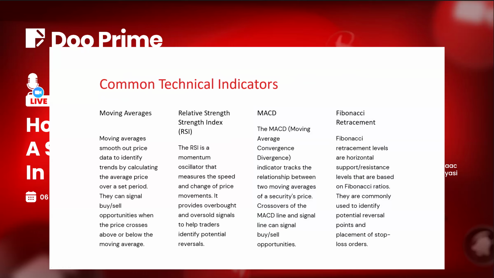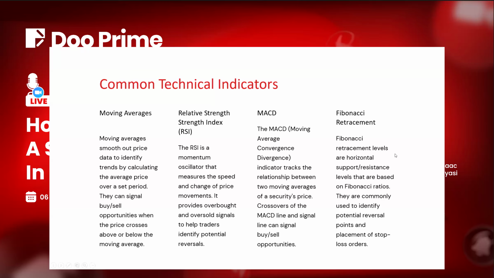We'll also be looking at some of the tools like the moving averages, RSI, MACD, and then Fibonacci. We'll look at all these tools. Then we would put some of these tools together, and then we are going to use them. I won't show you now because this is not where we're going to go into it.